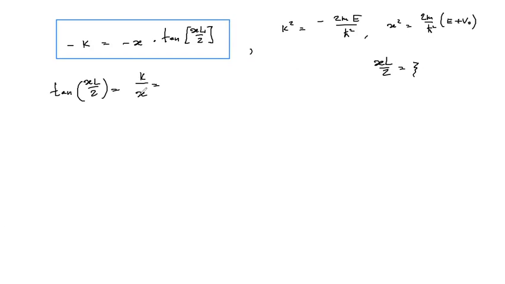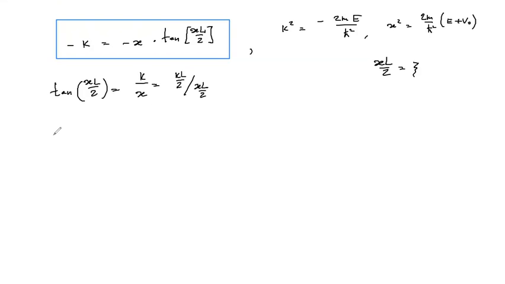Then I can look at what I have here. I have KL over 2 over kappa L over 2. This is going to be Xi, and this is going to be Xi. And the numerator, I can try to express as a function of Xi. What I'm trying to do is make it as simple a form as I can.